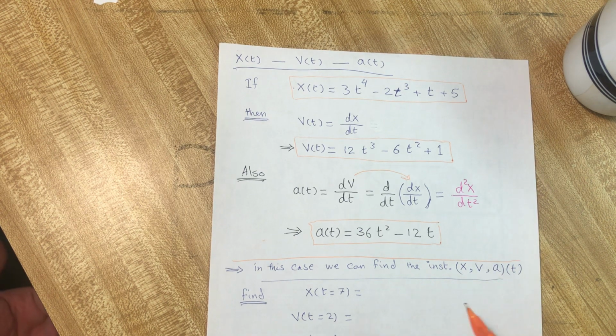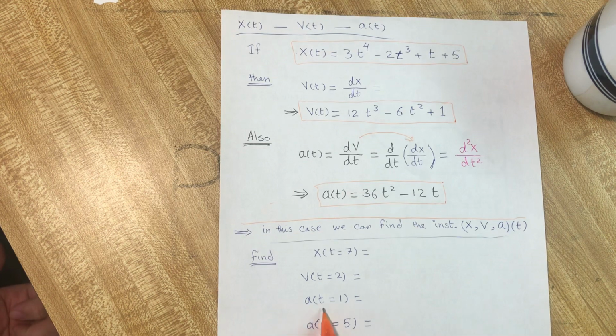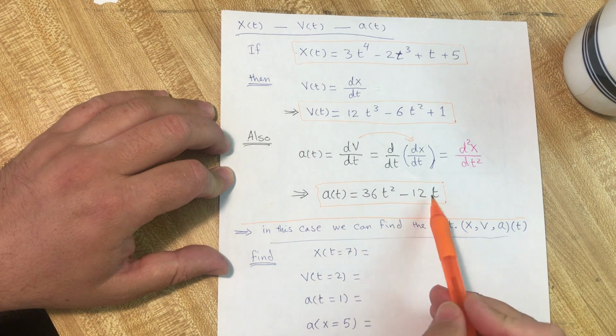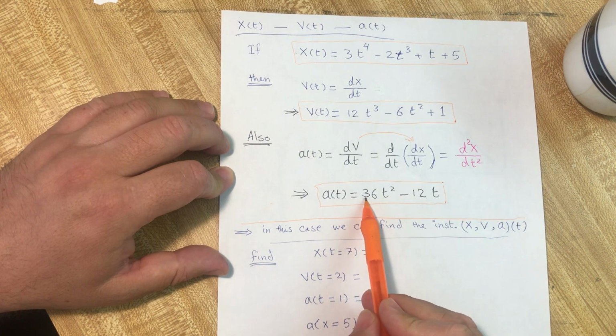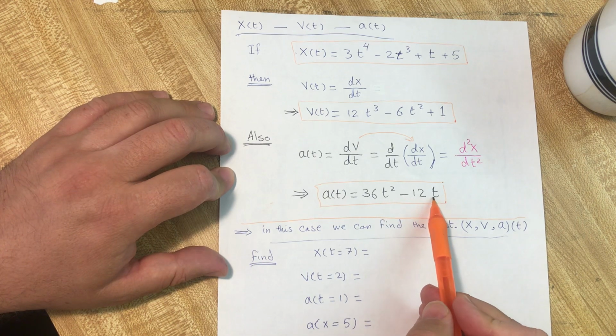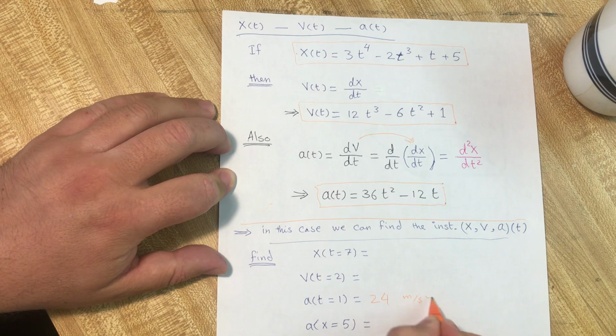In this case, we can find any instantaneous position, velocity or acceleration as a function of time, at any time. We can find the acceleration at t equal to 1. It is easy. Just put 1 in place of t: 36 multiplied by 1 squared minus 12 multiplied by 1, it will be 24 meter per squared second.